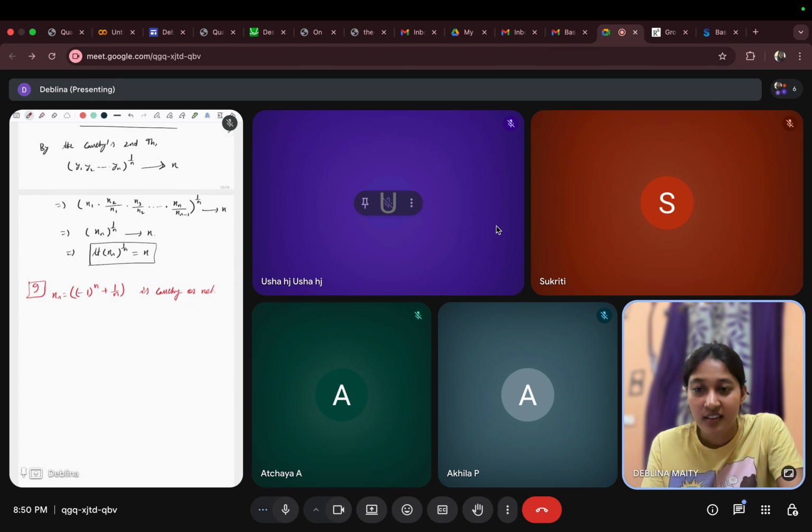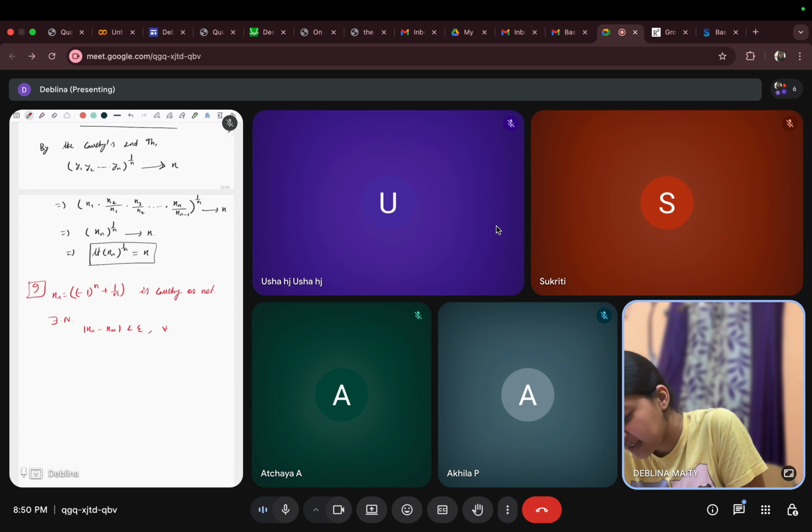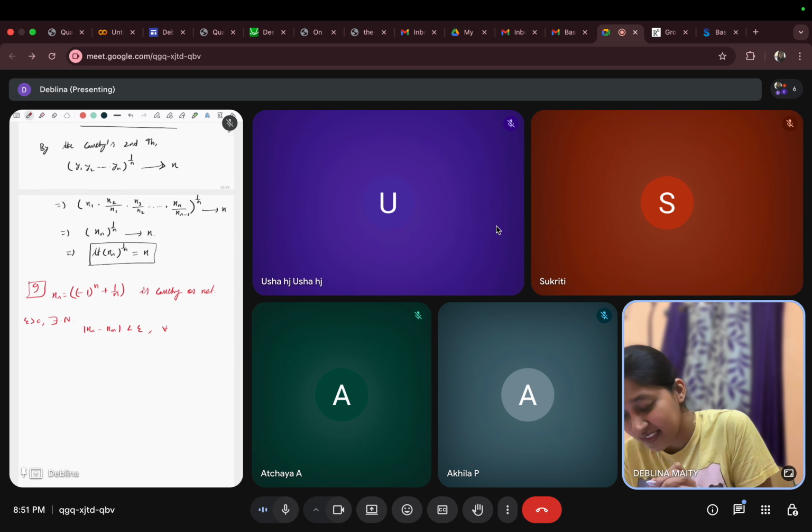Can you guess? Cauchy means what? Cauchy means for a given epsilon greater than 0, there exists N such that xn minus xm is less than epsilon for all n and m greater than N, right? This is the definition of Cauchy.